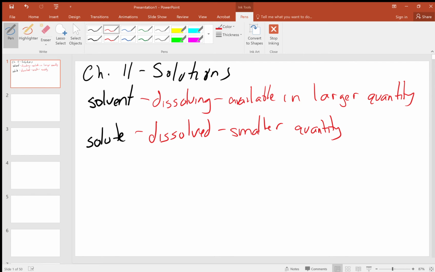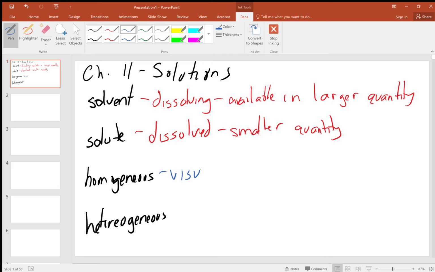Now, there are a lot of factors that go into how solutions are made and whether or not they even form at all. But there are some other terms that we should be familiar with in this section. We've previously discussed these terms, but they are pretty important here, so we'll bring them back: homogeneous and heterogeneous. A homogeneous solution is visually uniform.